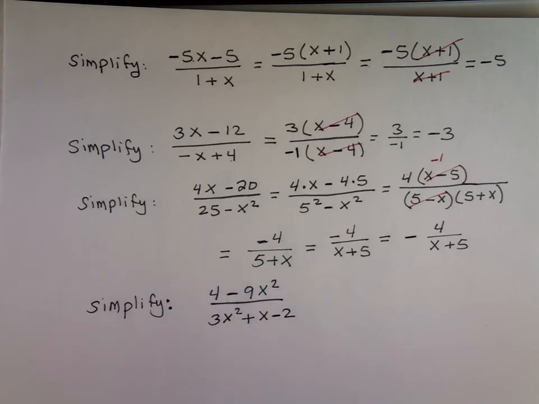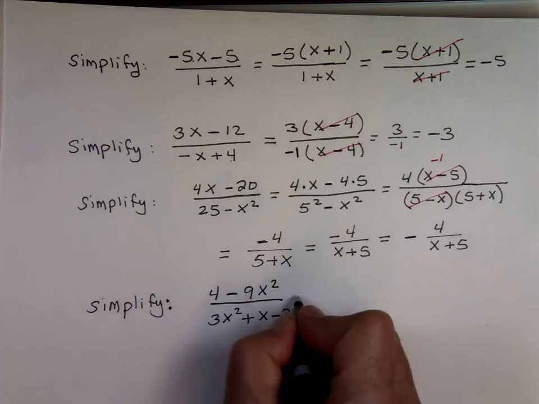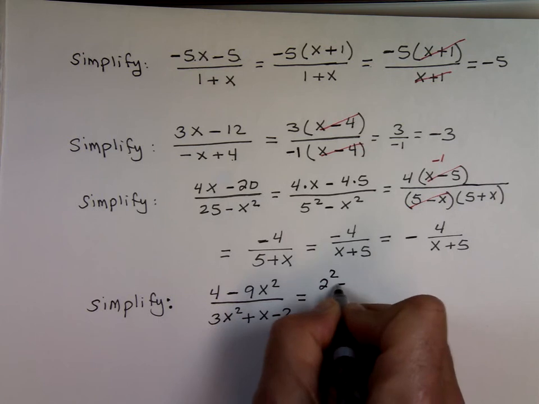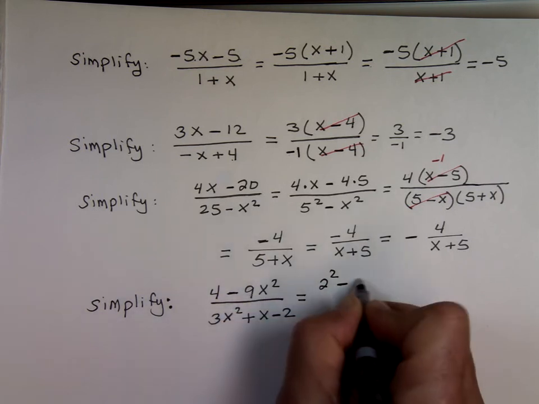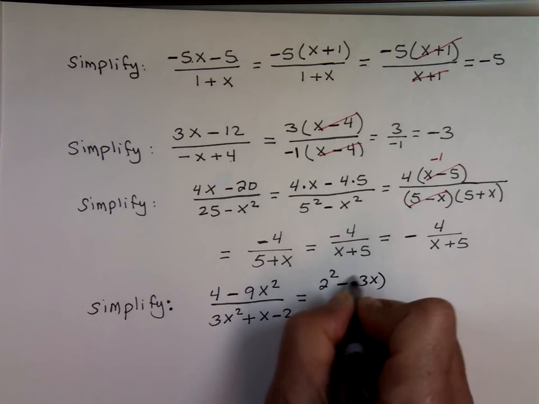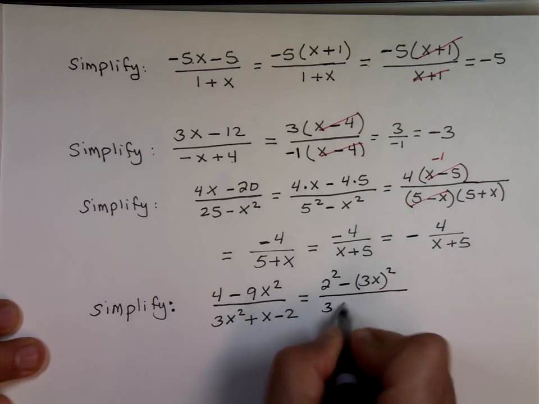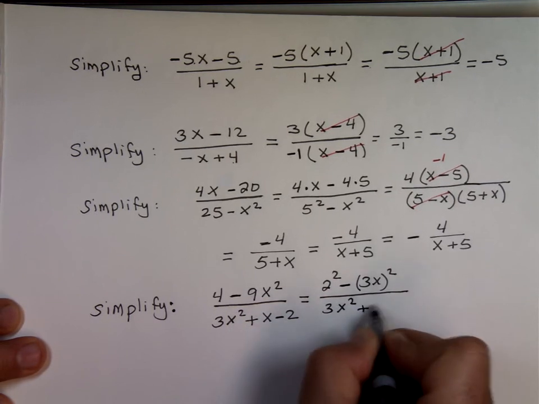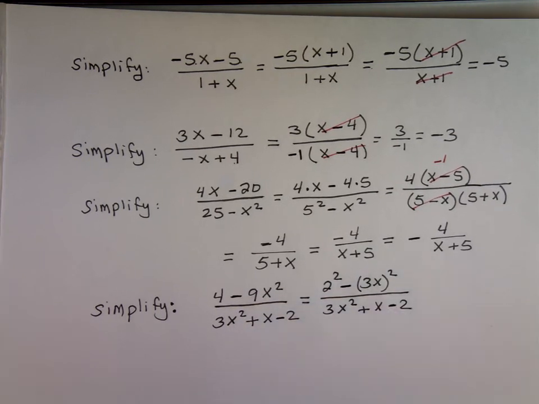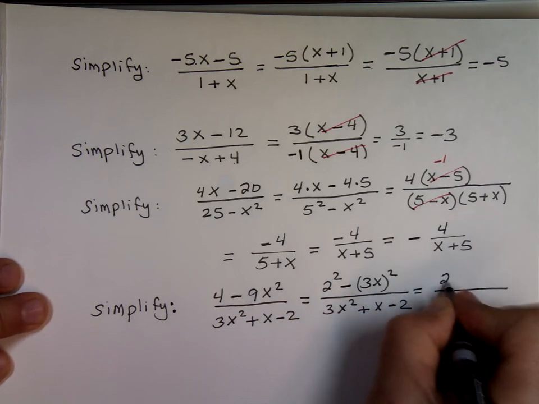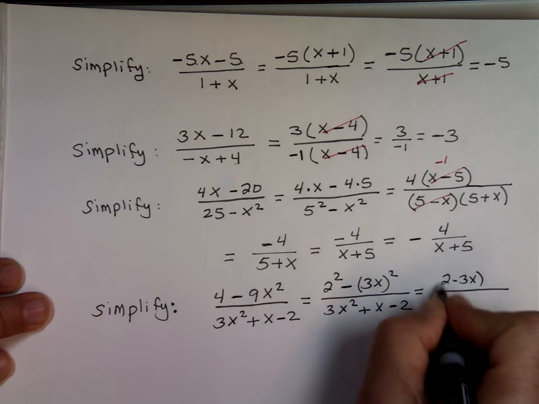Now again, I can write the top as 2 squared, because I'm trying to make it the difference of 2 squares, and this will be 3x, the whole thing squared. And when you factor the top, it's going to be what? 2 minus the 3x, 2 plus 3x.